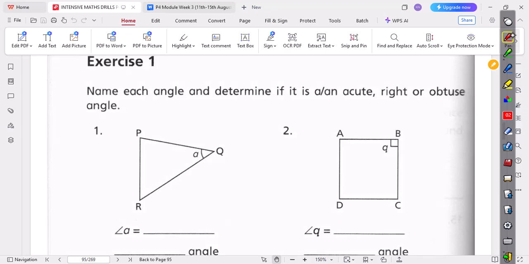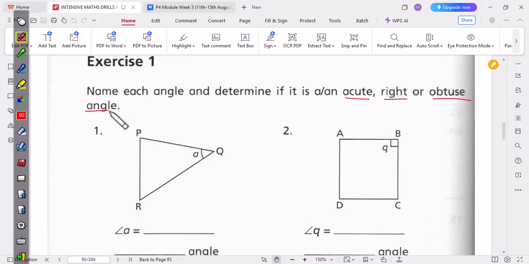So acute, right, they ask for three kinds of angle only. So for the first one, this one must be less than 90 because 90 will be around here. We can estimate 90 will be like this. So because this one is smaller than 90, it must be acute.